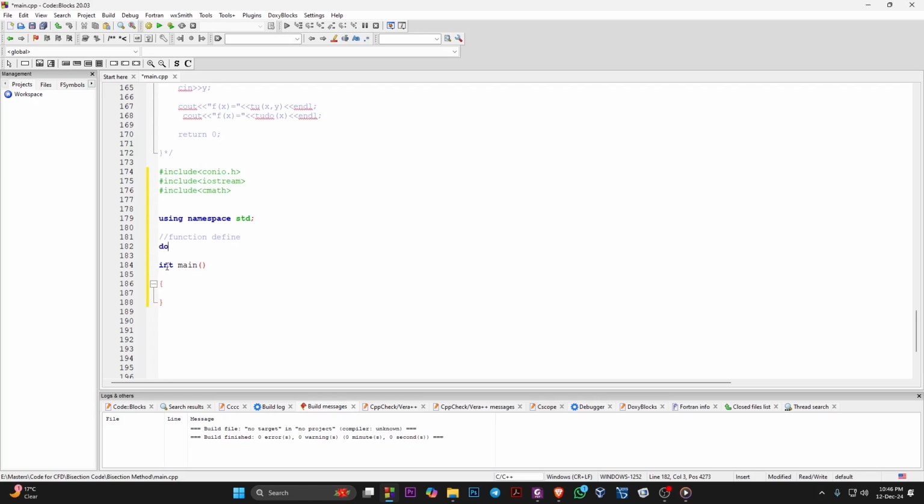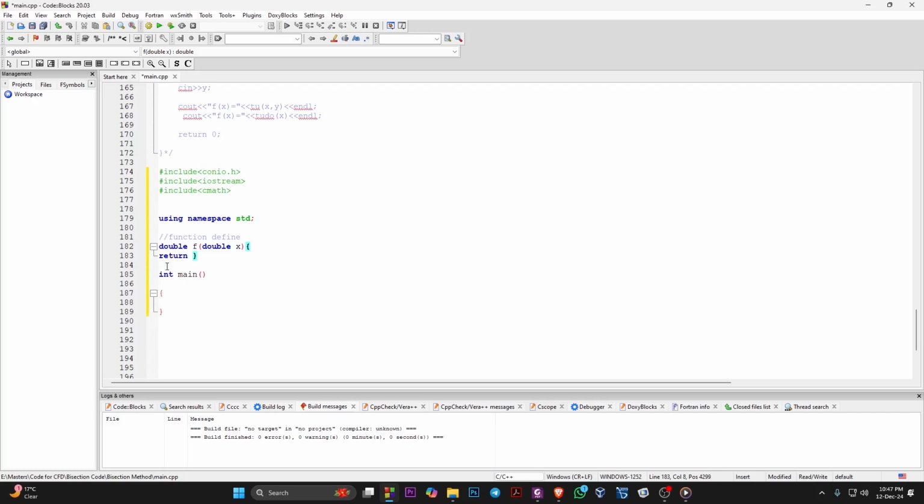So this is double, I'm just taking f as the function name, double x. Then I want to return the value, as I have to calculate all these problems and we want to use the function value in our further problem.